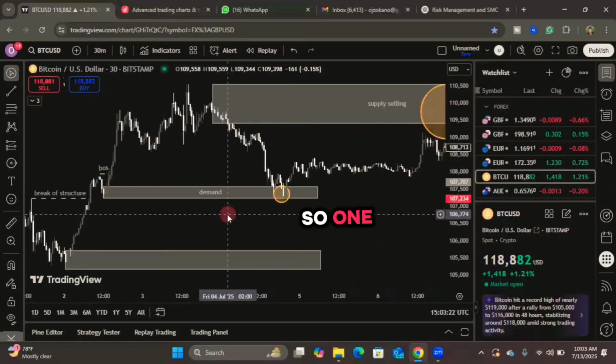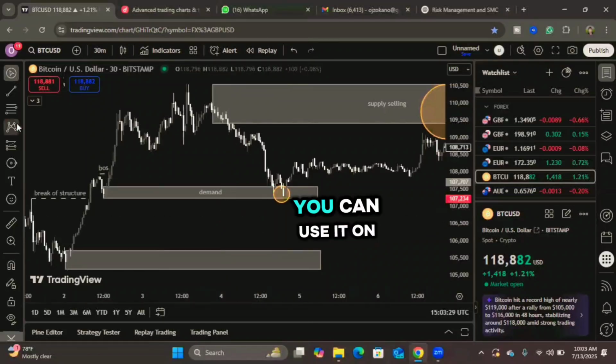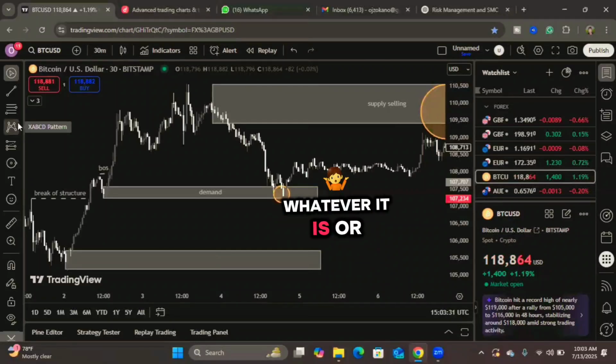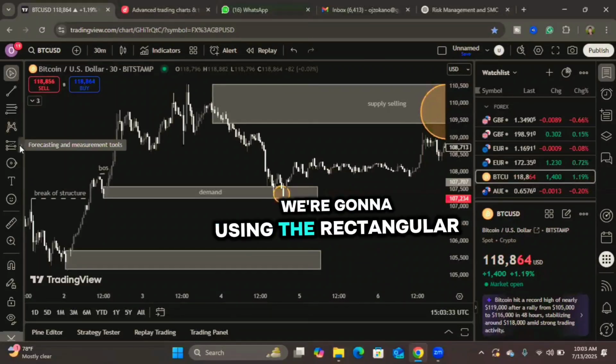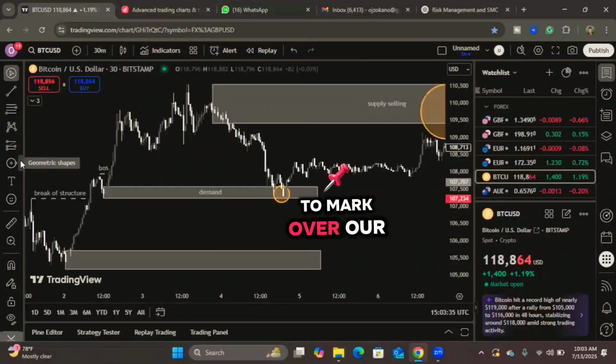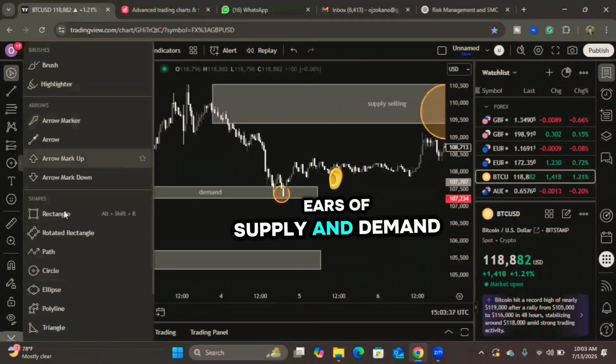So first, you're going to be using the rectangular tool. I'm using TradingView, but you can use it on MetaTrader, whatever it is. We're going to use the rectangular tool to mark out our areas of supply and demand.